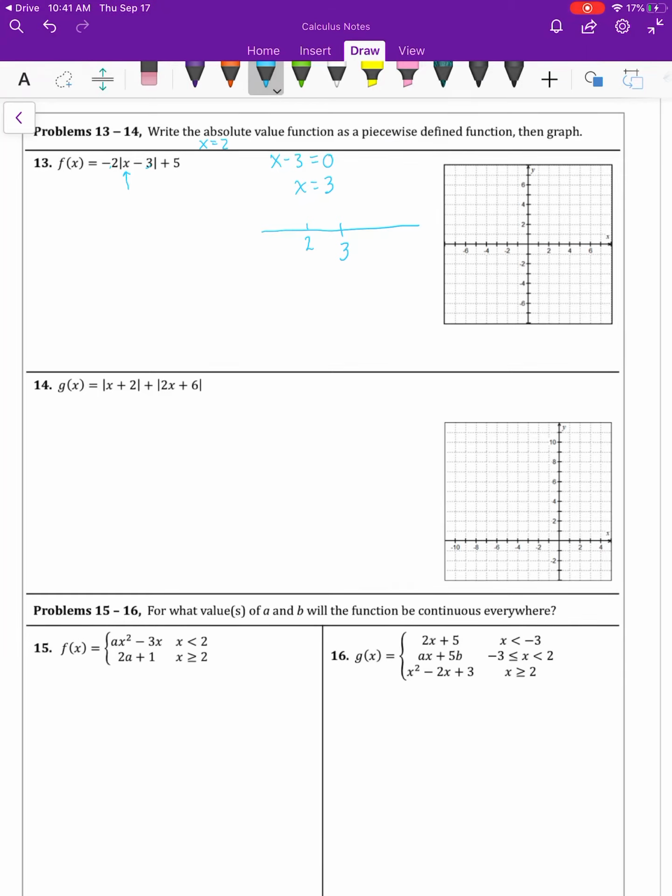For x equal 2, we would have a -2 times this, and this is going to end up giving us a negative value, right? We said that if we put a 2 in, this whole thing would give us a negative. So we have to imagine that negative is going to come out, making that 2 positive.